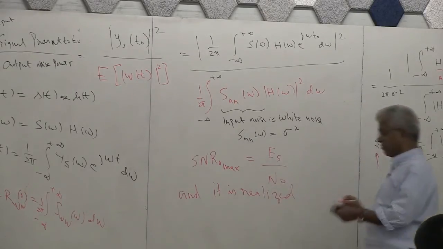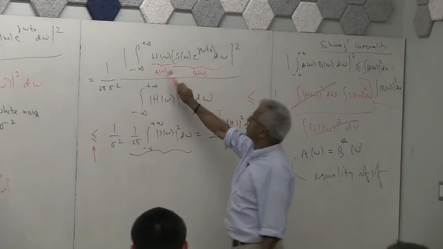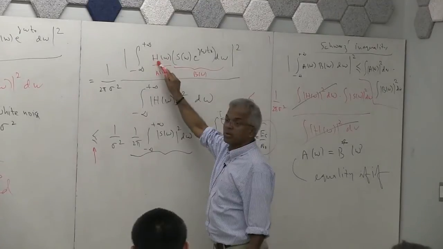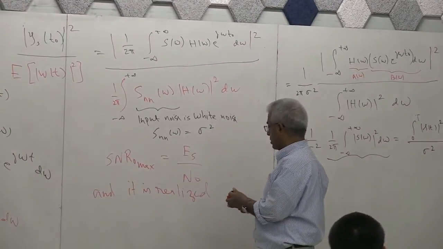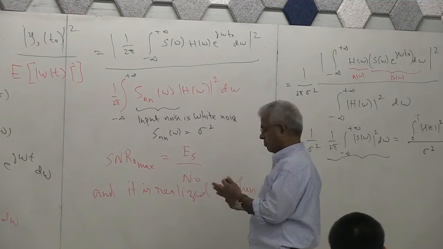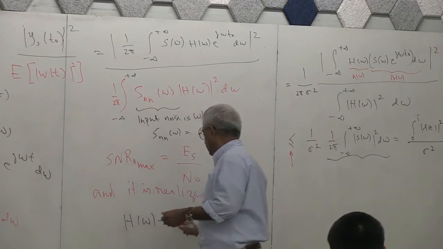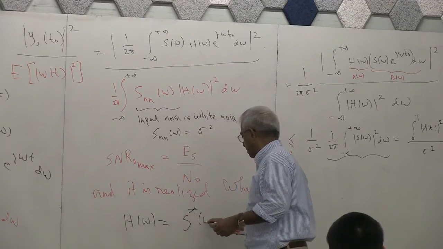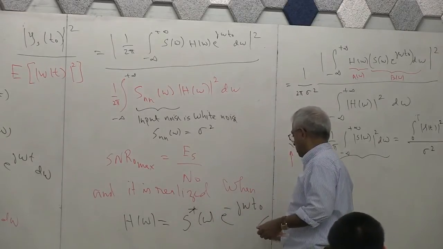What is the condition for when you will realize this? When A equals B star, right? A is this, B is this. A is what we are looking for. So we'll get the condition for the filter. When H of omega is B star, that's S star omega e raised to minus j omega t naught.